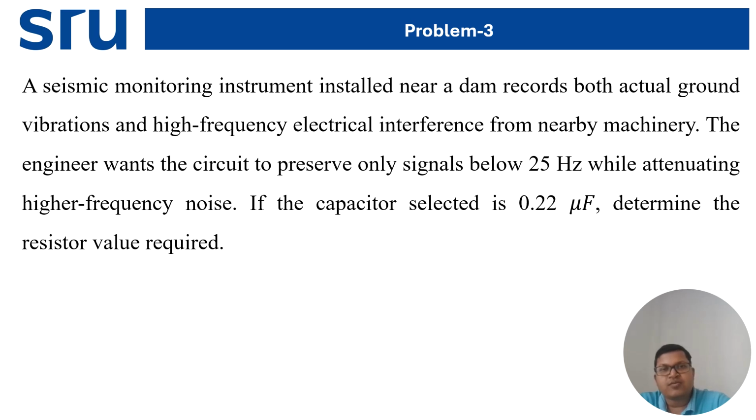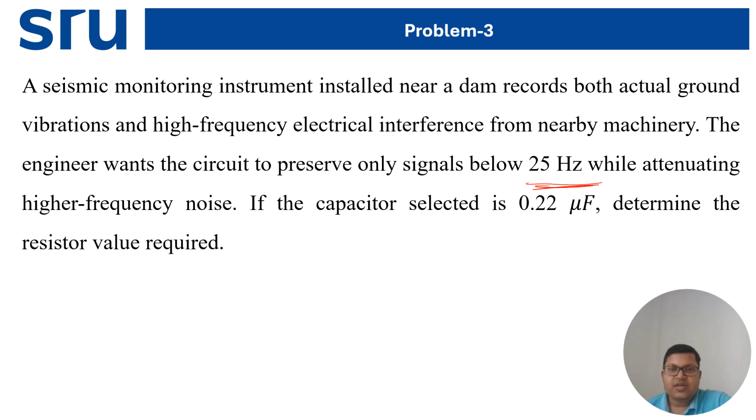Now we have to decide which type of filter, whether it is high pass, low pass, or some other kind of frequency filter. As you can understand, the engineer wants the circuit to preserve only signals below 25 Hz. That means 25 Hz is the cutoff frequency, while attenuating the higher frequency.